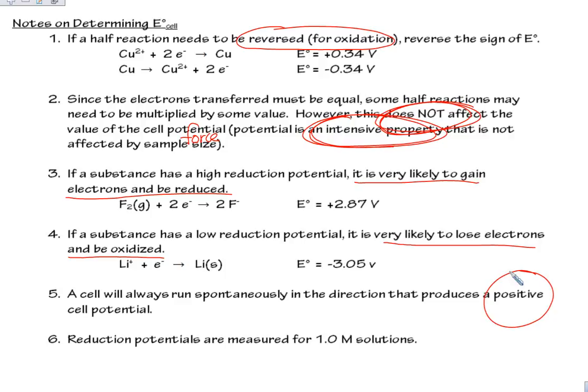That degree symbol, if you see E cell, means that everything is run at standard conditions, and the temperature they're using as standard is 25 degrees Celsius, and all solutions are measured to be 1 molar. That's standard, and that's exactly what I'll use when we set up that zinc copper one. I'll use 1 molar solutions. Number 5, we'll look at that in the next video, that these things should run spontaneously in a direction that gives you an overall positive cell potential.